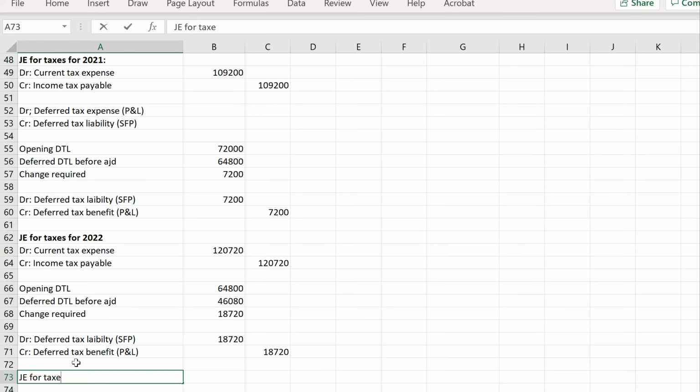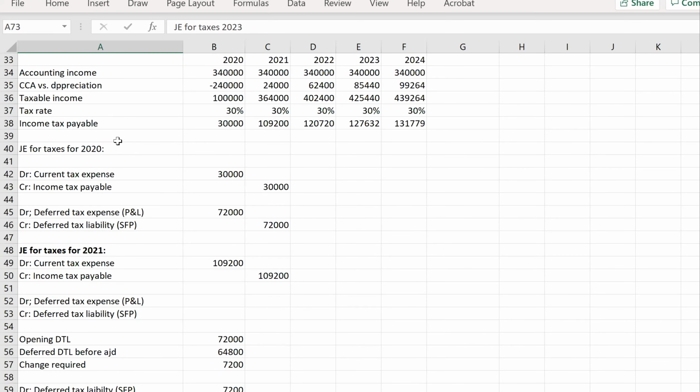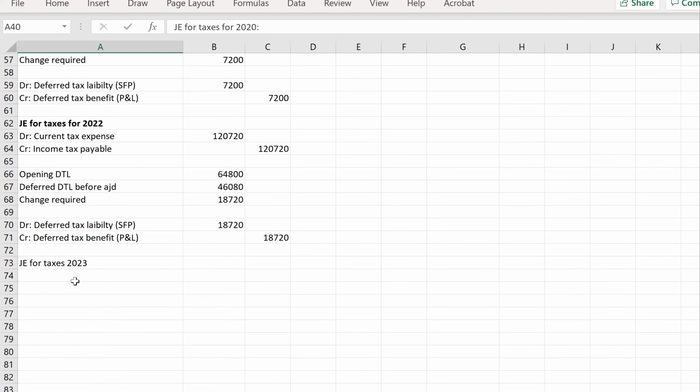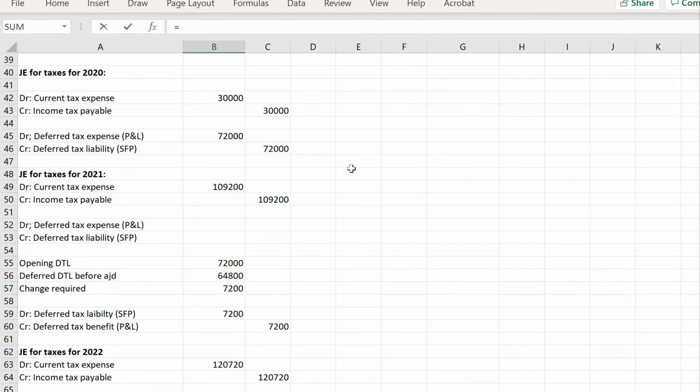We did 2022. So we did 2021 and 2020. Okay, so now we're in 2023. So we're going to have the same current tax expense entry, of course. We're going to pick up our 2023 numbers.